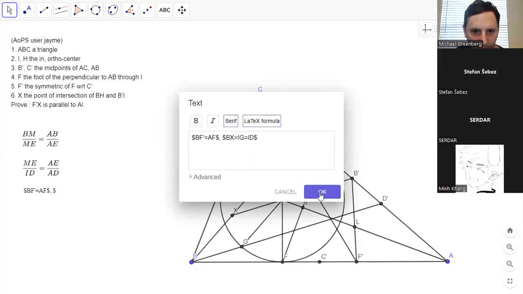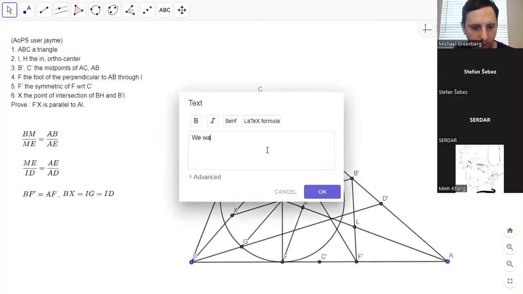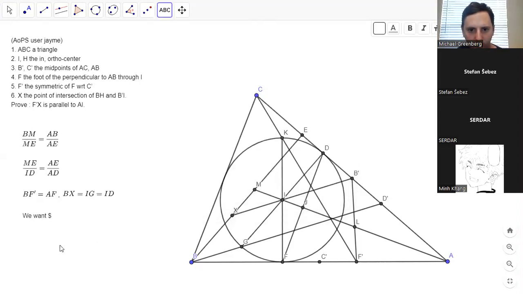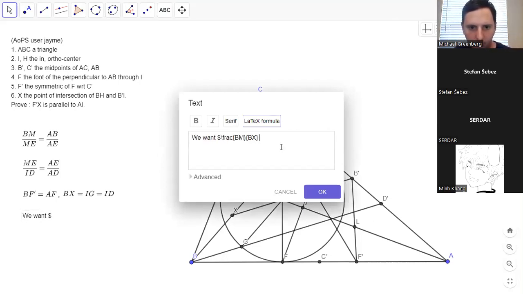And if we combine all these, I think we get the ratio we want. So what do we want? We want BM over BX equals AB over. Yeah, you can just multiply the first two equalities and you will get what is needed.